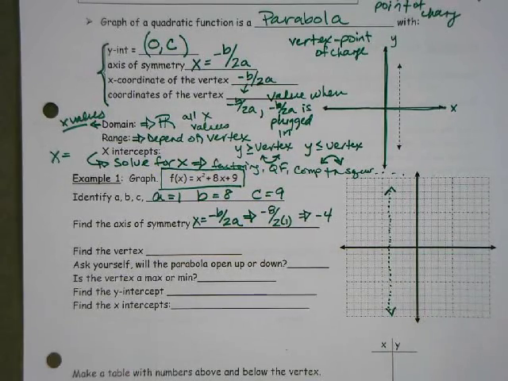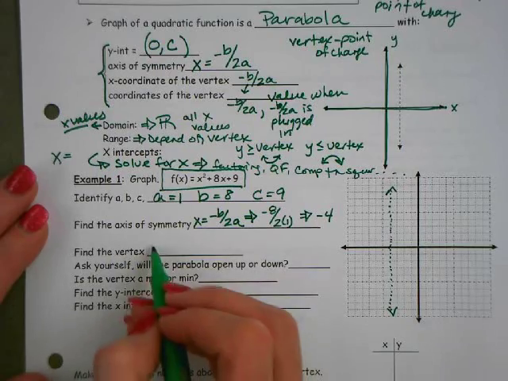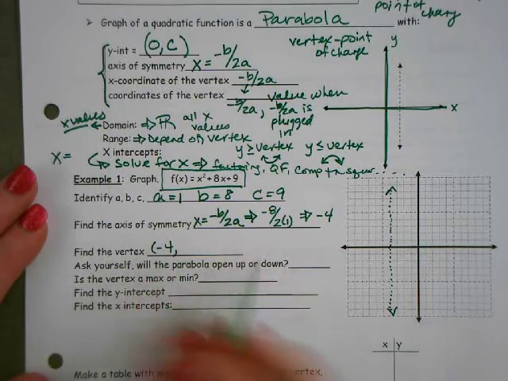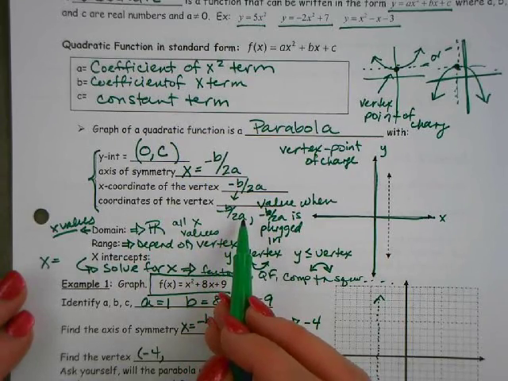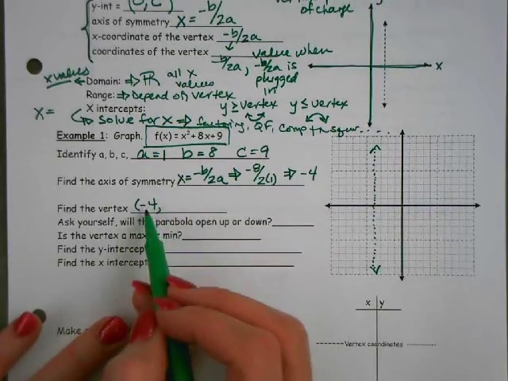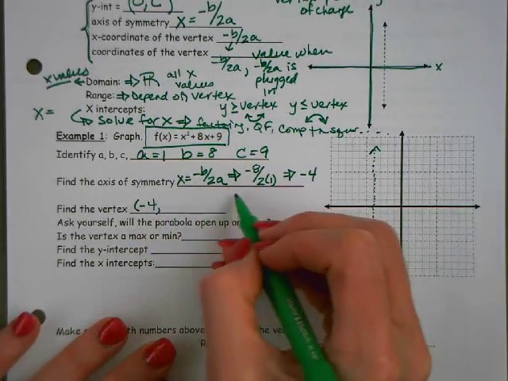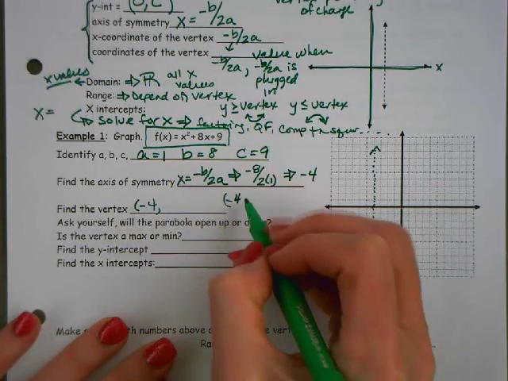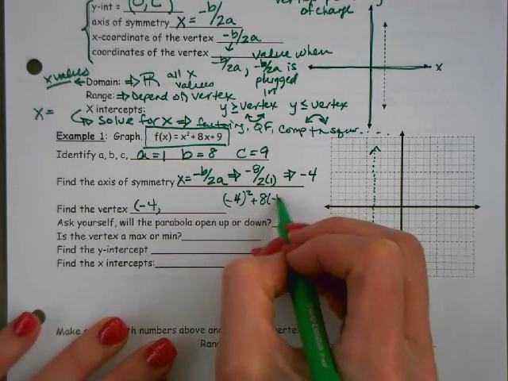Okay? So now, my vertex, well, I definitely know my x is -4, because up here, our vertex is that value, and then we plug it in for y. So to find my y, I just take this value and plug it into the function I have here. So I'm going to do -4 squared plus 8 times -4 plus 9.